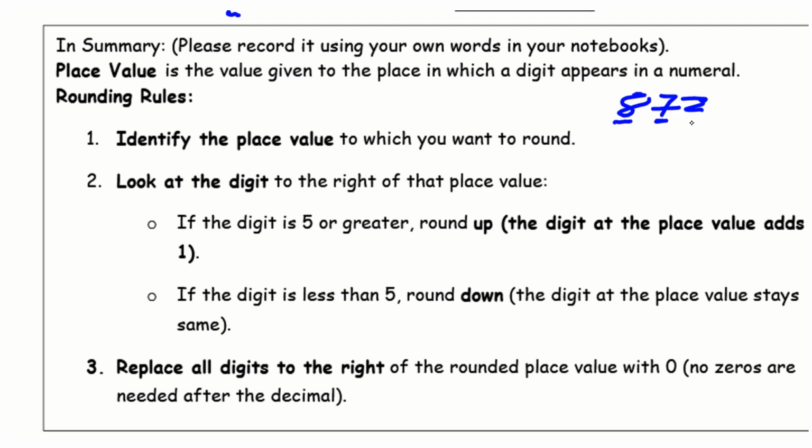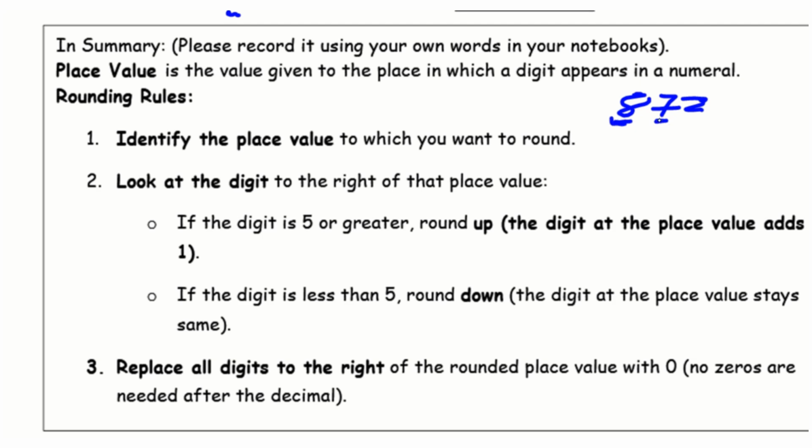If less than 5, then round down. We don't change the digit in the place value. If it's greater than 5, then we round up. Then we replace all the digits to the right of that place value with 0. So this is a summary. For this one, if we round to hundreds, we look at the 8.